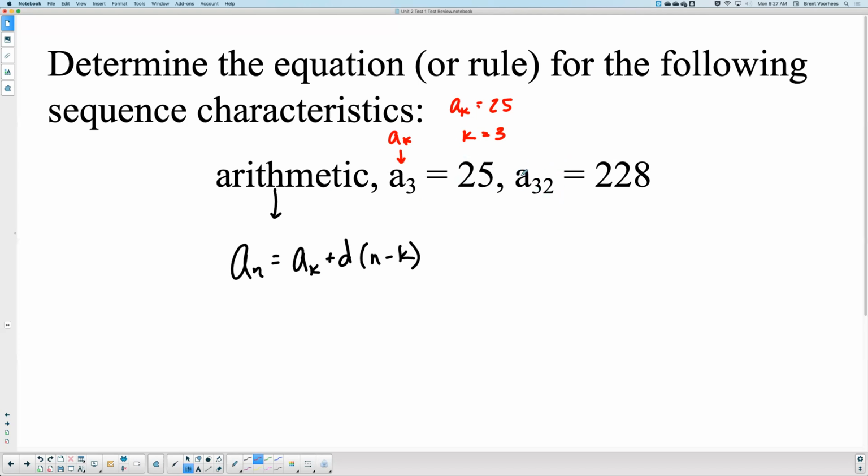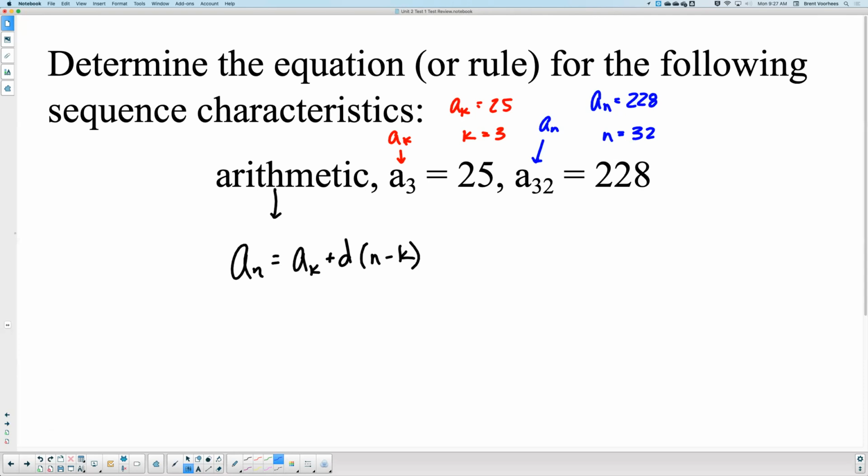And what about A32? What's that going to be in our formula? AN. It's easier if that's your later term and AK your earlier term. So just to make sure everybody's clear, what is AN itself going to equal? 228. But whenever you see just an N by itself, what are you going to say that equals? 32.